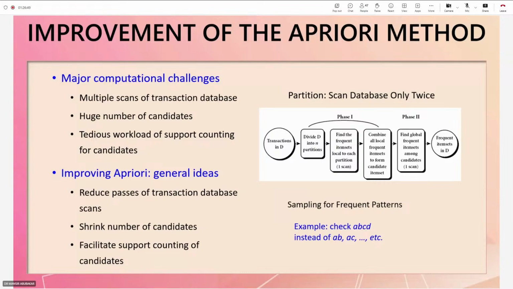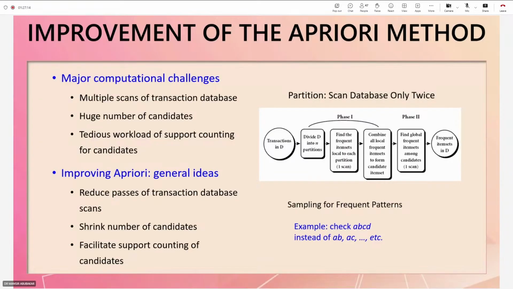And then another issue related to computation is the huge number of candidate generations. It has to generate the candidates, then prune them. If a candidate does not satisfy the threshold, it has to be generated first, then removed from the list. And then there is the tedious workload of support count.